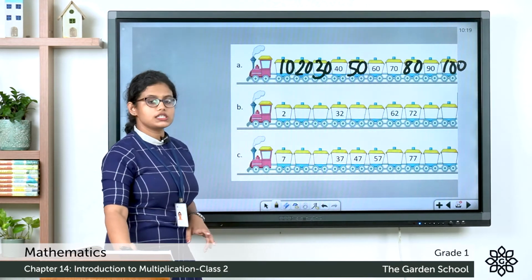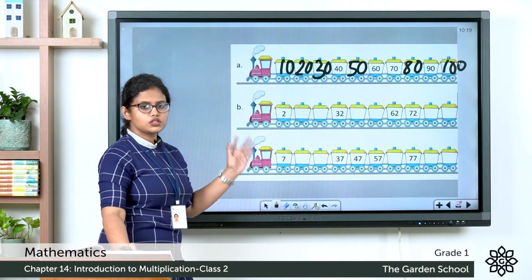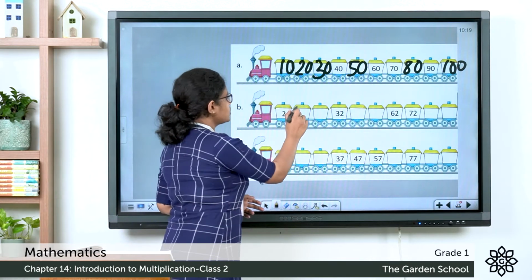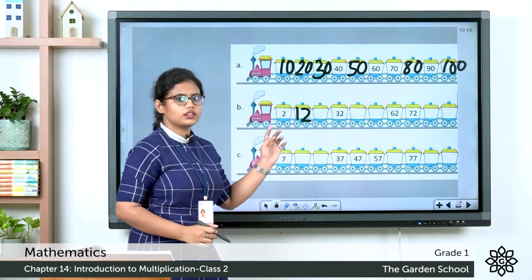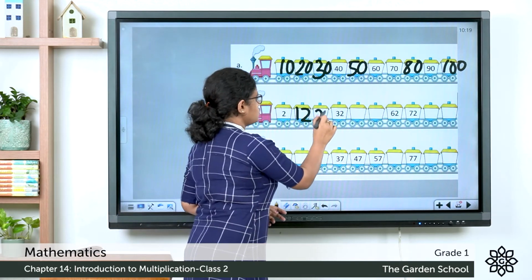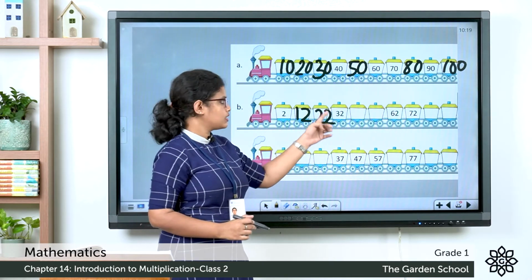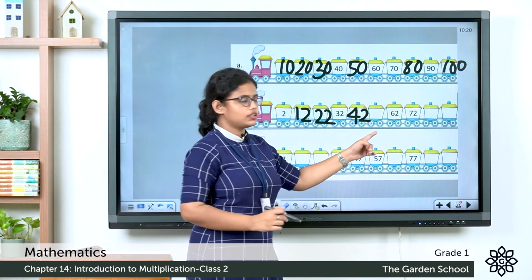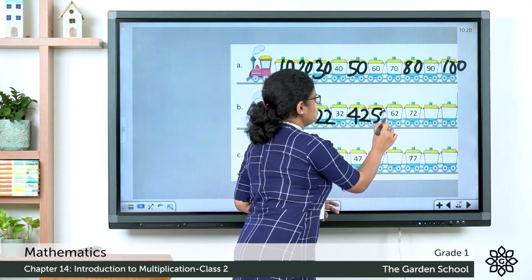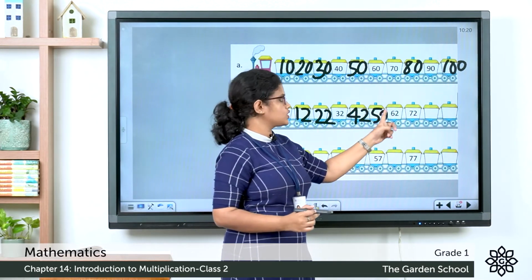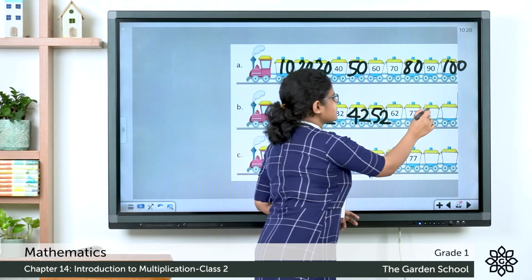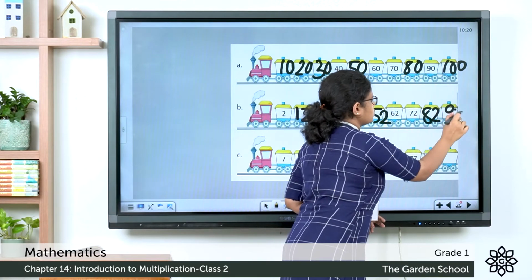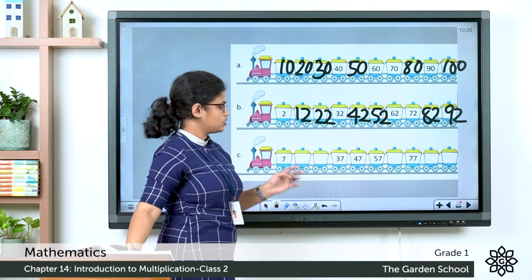What about the second one? B. Start at 2 and skip 10 numbers. That is 12, then 22, 32, 42, then 52, 62, 72, skipping 10 numbers. 82, 92. Understood?